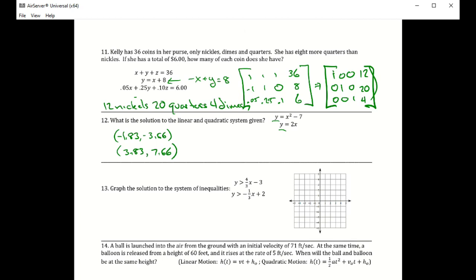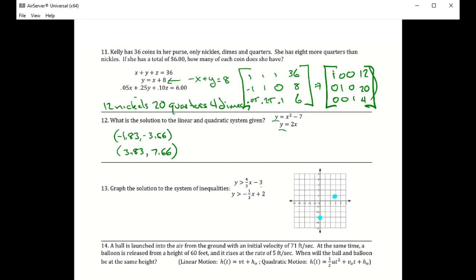All right, 13, solution to the system of inequalities. The nice thing here is we are already in point slope form. So our first inequality, we have a y-intercept at negative 3. And then we have a slope of 4/3. So we're going over 3 up 4.